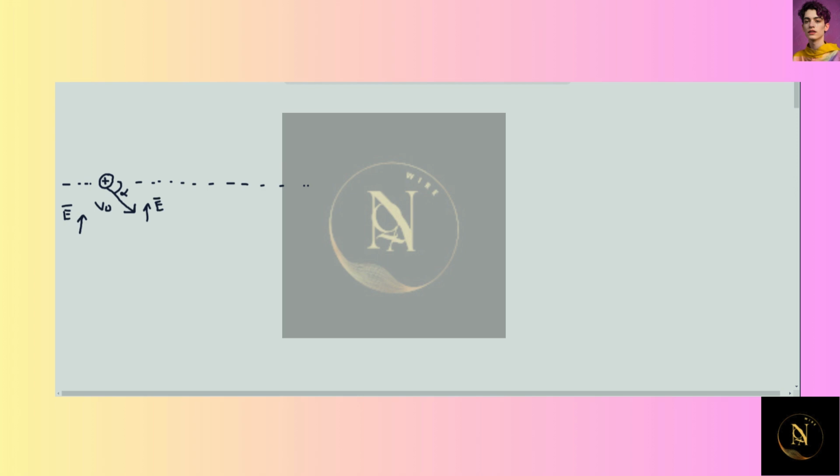And if we look at the Coulomb force, we know that the force on a charge due to an electric field is just the charge times the electric field, which in this case will just be qE j hat. It's always pointing in the upwards direction. And if we use Newton's second law, we know that this is equal to the mass of the proton times the acceleration of the proton, which I'll label a sub e.